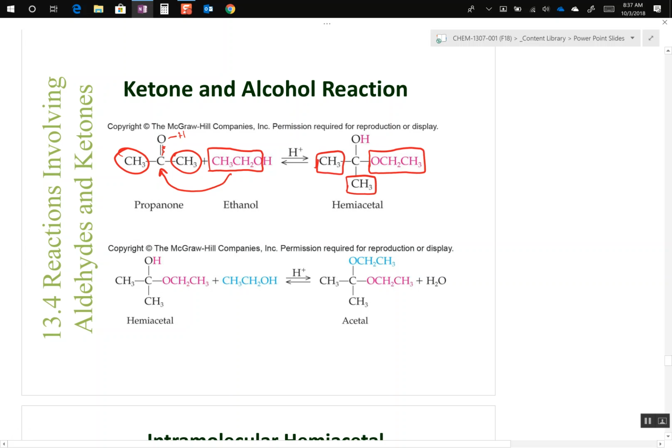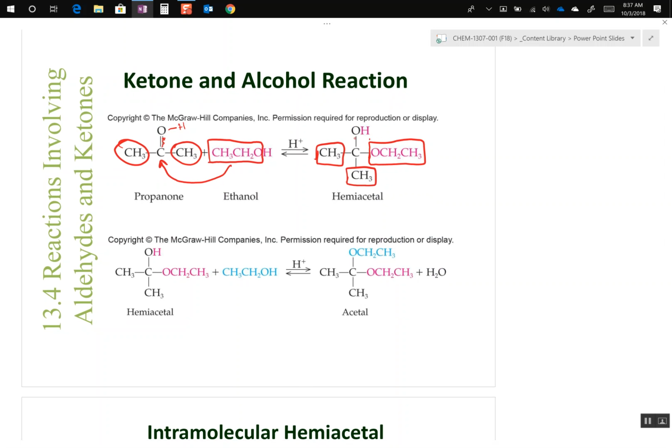Now we have 3 R groups attached to the carbon, an OR group as well. This alcohol, the OH here, when you cause a further reaction with the ethanol, that OH group is going to leave, and with H plus, you're going to form water.